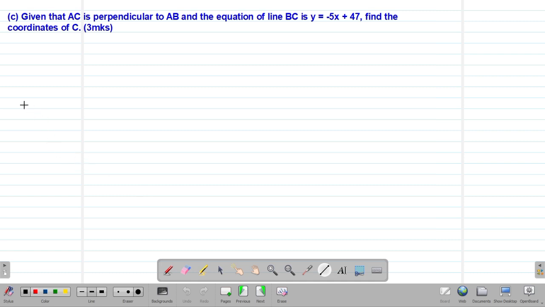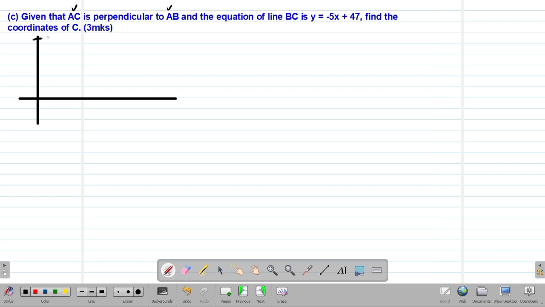So I'll just sketch so that I see a true picture of what is happening. So I'm having the line AB. I'm being told that AC is perpendicular to AB. So perpendicular line simply means that they are going to intersect at an angle of 90. So we have the point A, which is being shared by AB and AC.